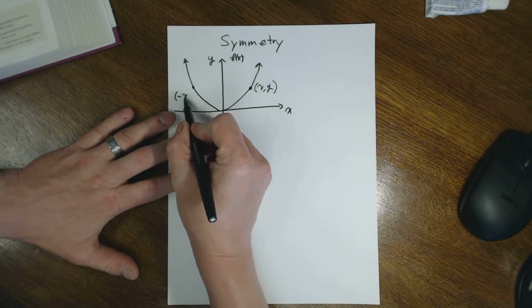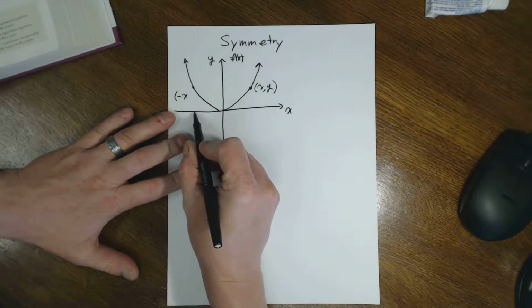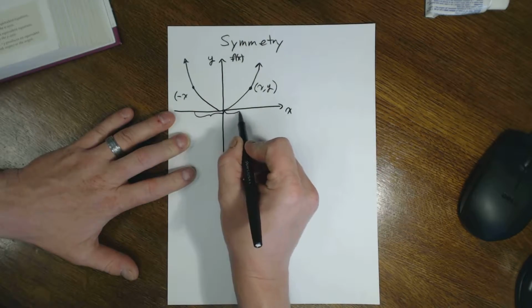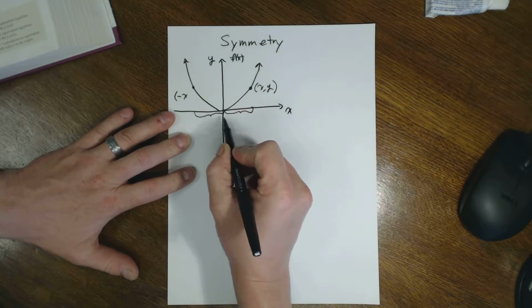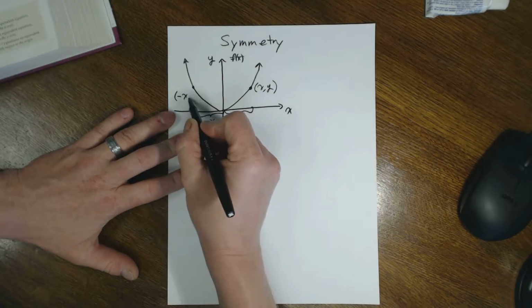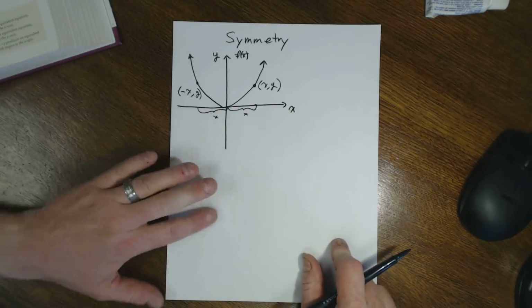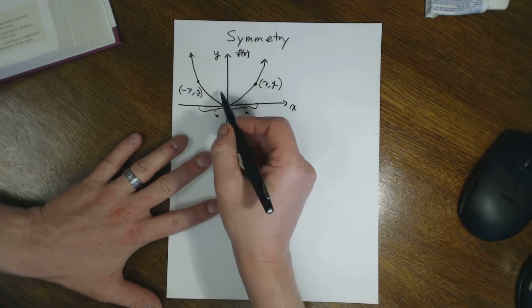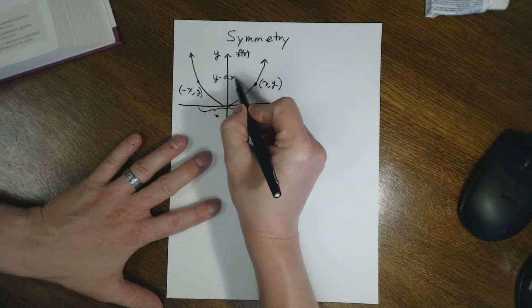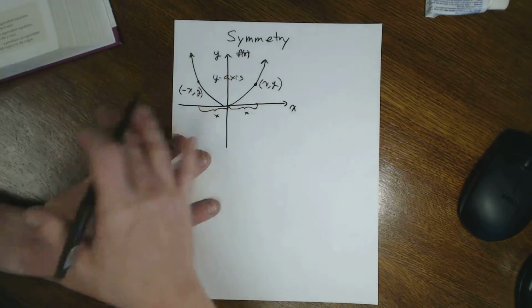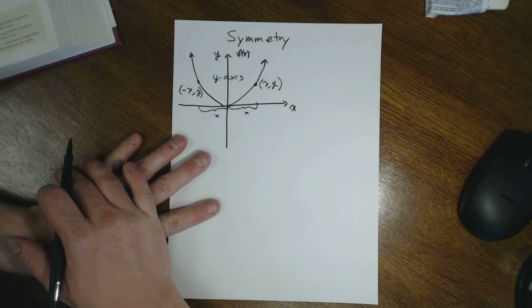So we would go minus x. We're going the same distance from the origin. That distance would be an absolute value of x here and here. And then the coordinate point here would be y. This figure here has symmetry over the y-axis. And we can see that visually, even though my drawing is not super awesome.